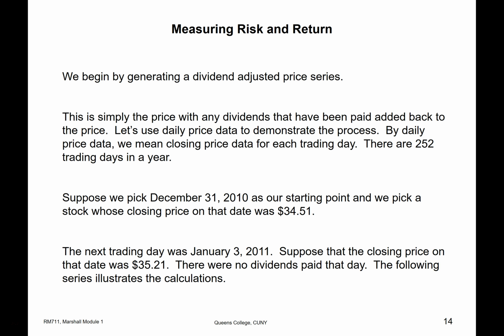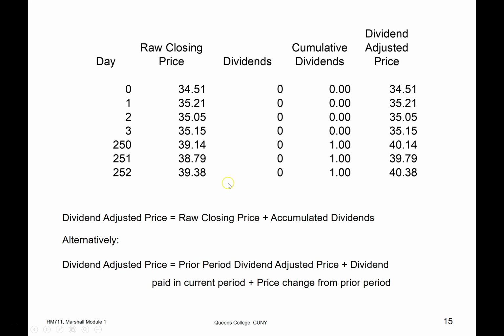Moving forward, the next trading day is January 3rd, 2011. Suppose the closing price on that date was $35.21. There were no dividends paid on that day. And the following series illustrates the calculations. So we have days, we're marching forward through time, the raw closing prices on those days, and the dividends that were paid. Now, notice that some of these were hidden. There was at some point a dividend that was paid because here we're calculating the cumulative dividend over time.